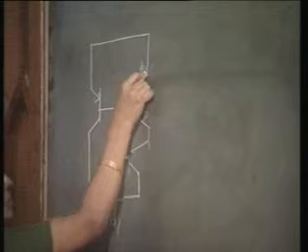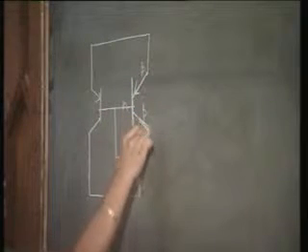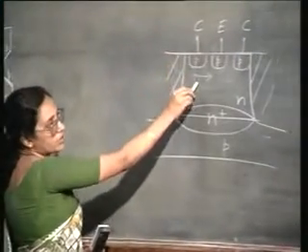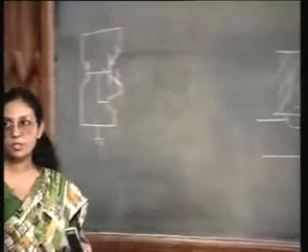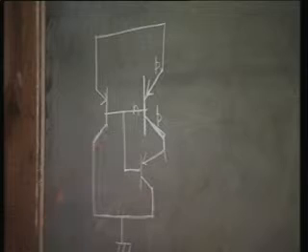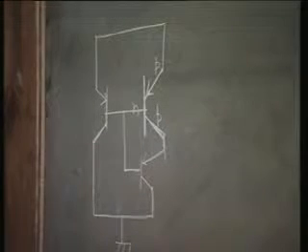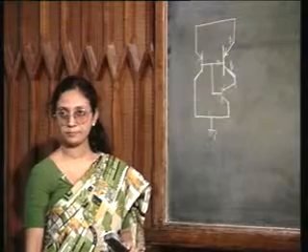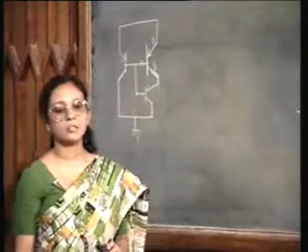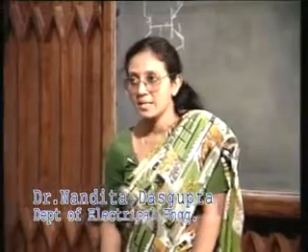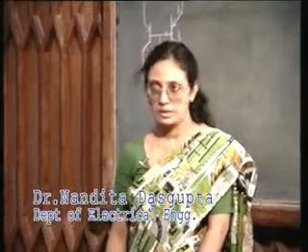This is my main transistor PNP, but using the collector of this PNP transistor, the base of the PNP transistor and the substrate as the P, I can have another PNP transistor. Similarly, using the emitter, base and the substrate, I have another PNP transistor. All of them share the same base. Agreed? So, you see, every lateral PNP transistor is going to have two parasitic PNP transistors associated with this.